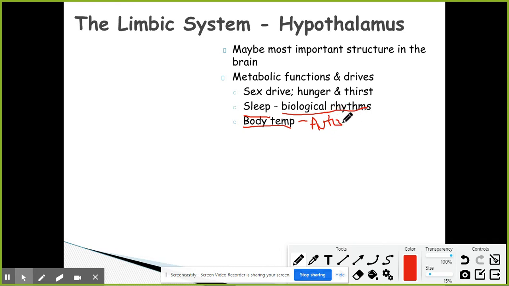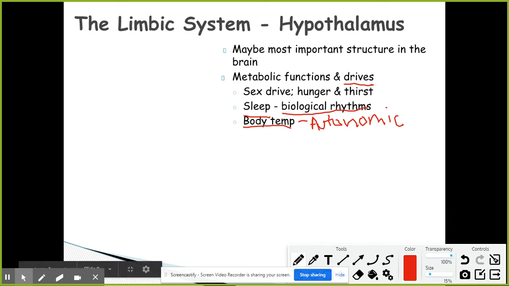So it plays a big role in controlling the autonomic nervous system. But one of the main things that you should associate it with is drives. So sex drive, hunger drive, thirst drive. If you're cold and you want to get warm, that's an internal drive. If you're tired and you want to go to sleep, that's an internal drive.